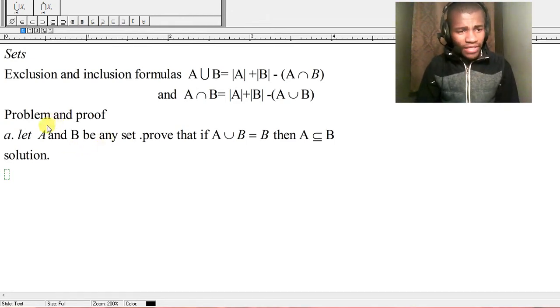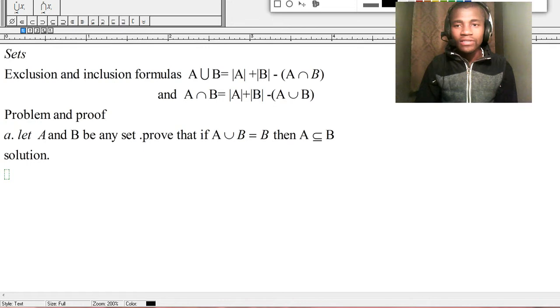Okay, so here it says let A and B be any sets. Prove that if A union B is equal to B, then A is a subset of B. Before I start, I just want us to look at what it means for something to be a subset of something.